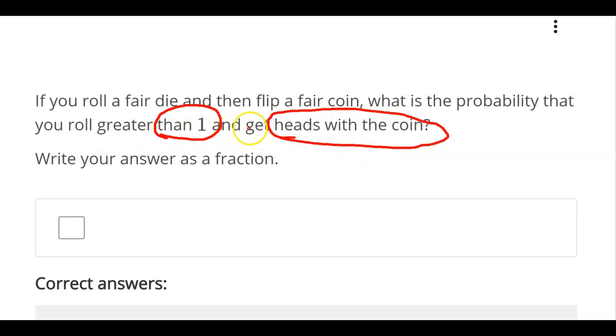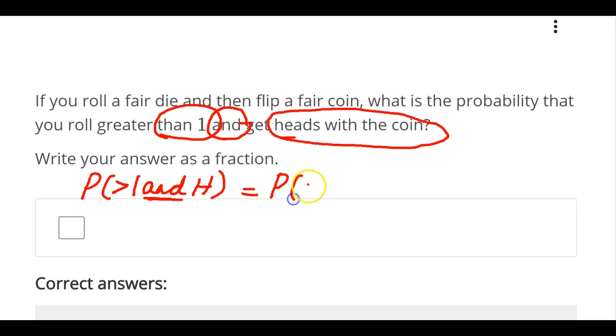They're asking for the word and. When I know it's and and I know they are independent, I have to multiply the probabilities. So I multiply the probability of rolling greater than 1 times the probability of getting a head on a coin.